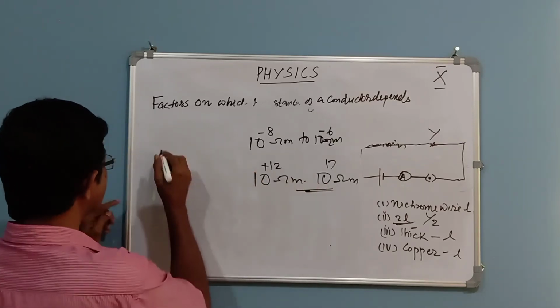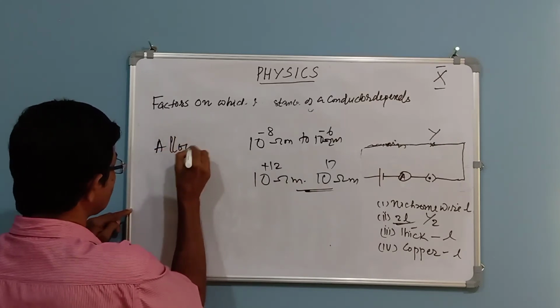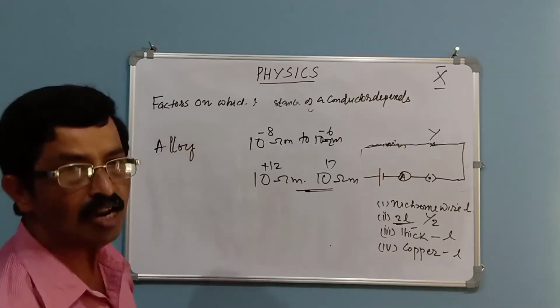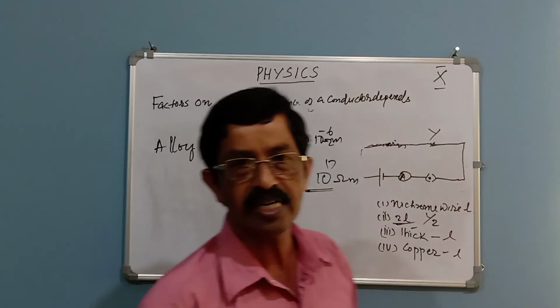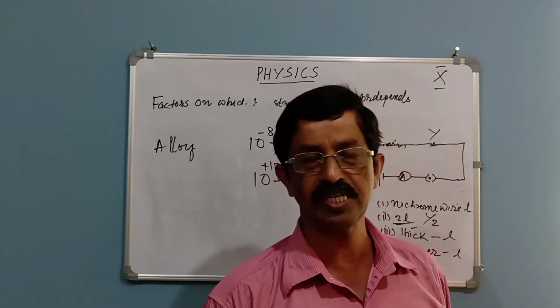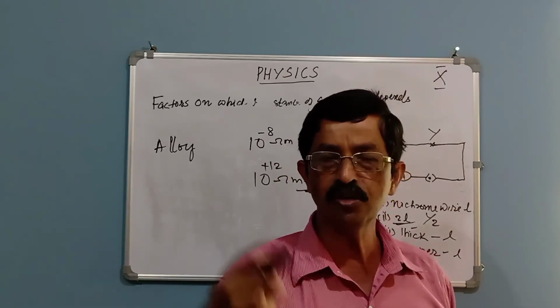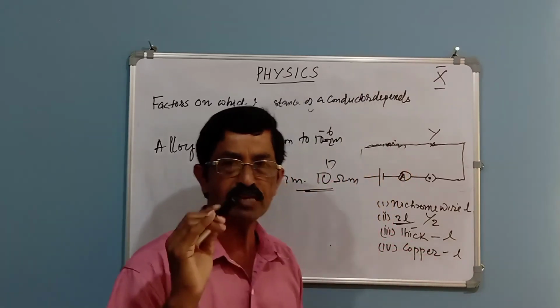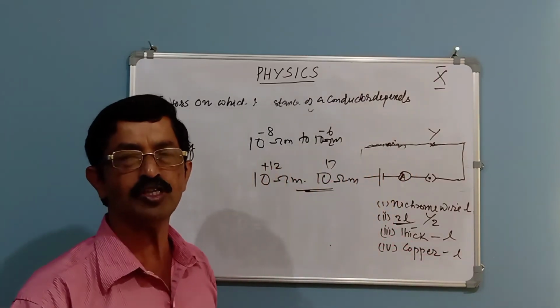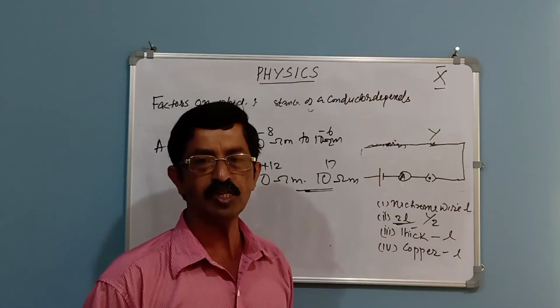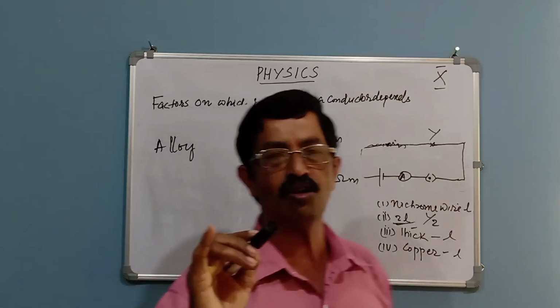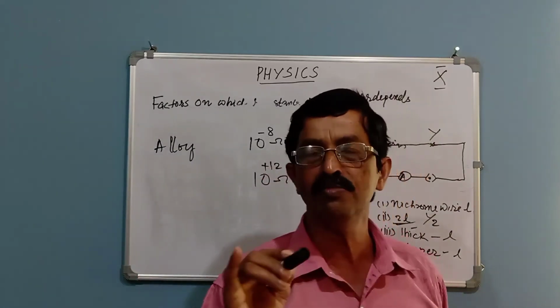When we consider the case of alloys, we use alloys for making heating elements. Why? Because their resistivity is more than that of the constituent metals. Suppose we take nichrome, an alloy of nickel, chromium and iron.